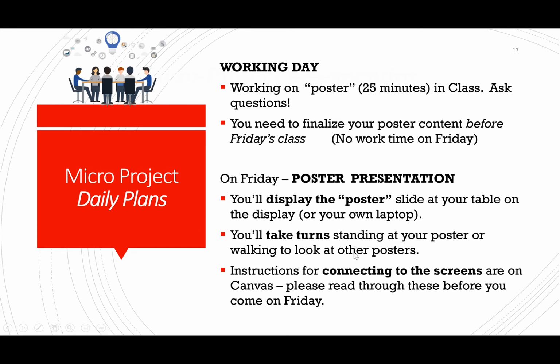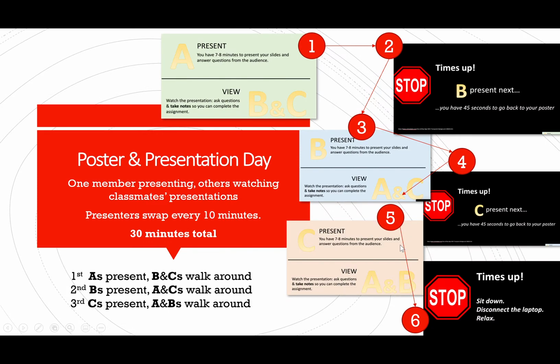And micro project number 2 had a poster presentation, and the students displayed a poster slide on their table or on their laptop, and they would take turns standing by their poster or walking to look at others. And this is how we did that.